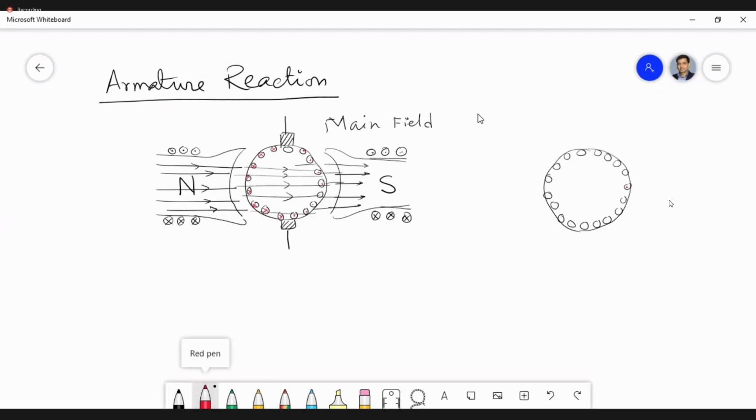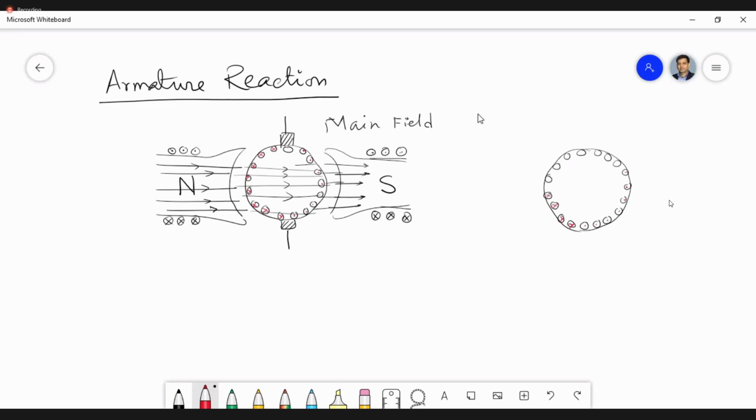But the difference between the armature field and the main field is the type of the winding we have used there. Got my point? The type of the winding. So here we see the distributed winding. The windings are distributed along the periphery.